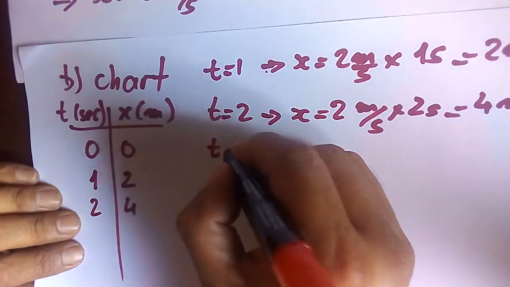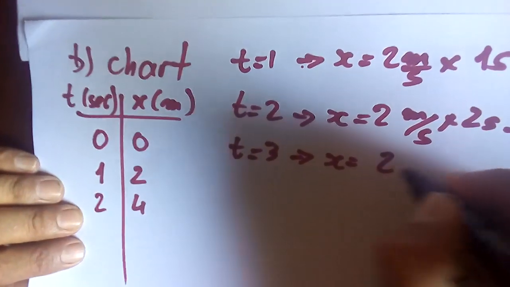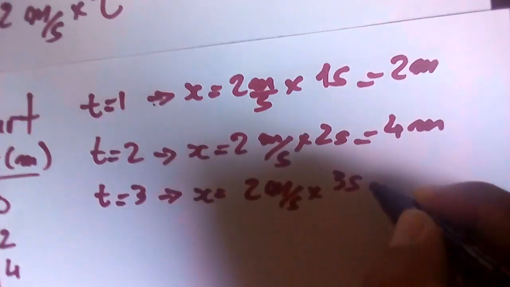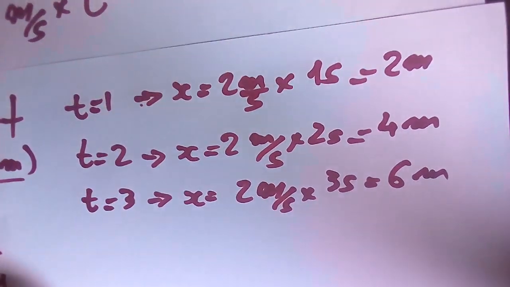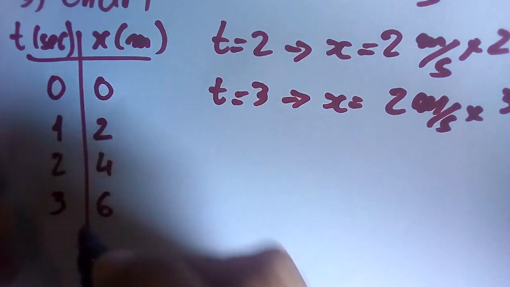When t is 3, x is 2 meters per second, the speed, times 3 seconds is 6 meters. And with these numbers, I am in the position of graphing the motion of the object.